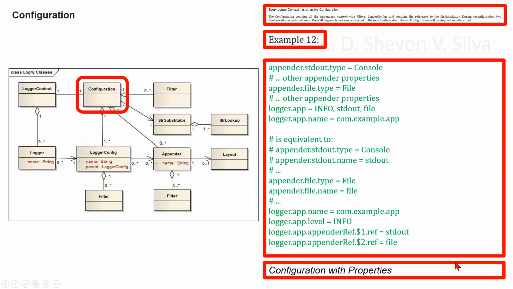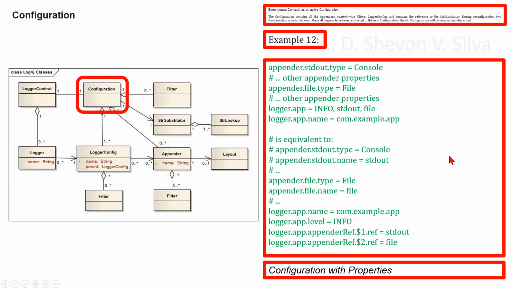Here you can see configuration with properties. As of version 2.4, Log4j now supports configuration via properties files. Note that the property syntax is not the same as the syntax used in Log4j 1. Like the XML and JSON configuration, properties configuration defines the configuration in terms of plugins and attributes to the plugins.